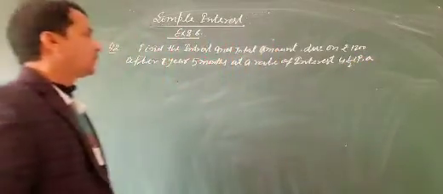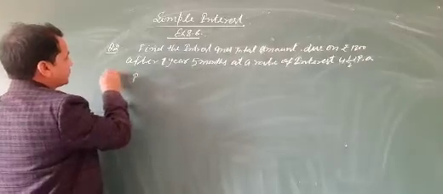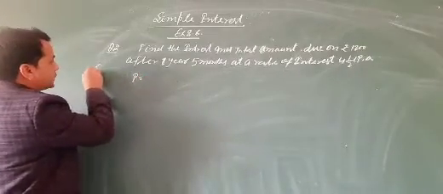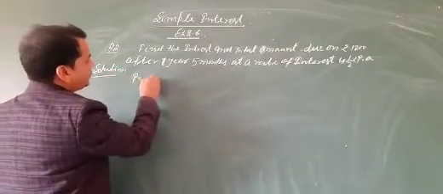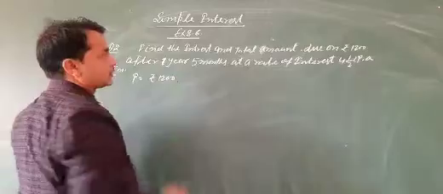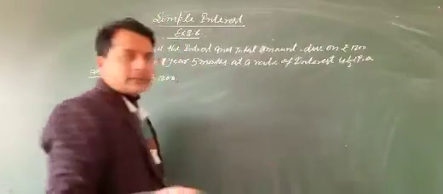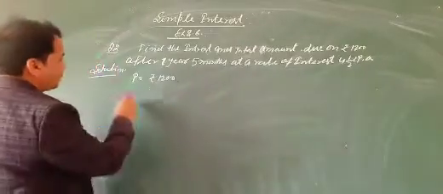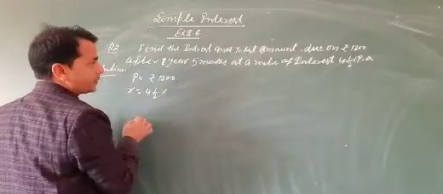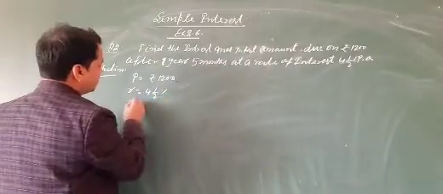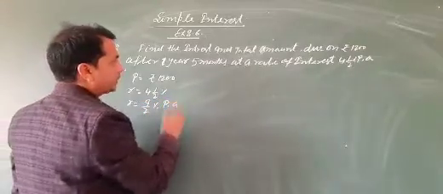In this question the principal is given here, the value of P equal to 1200, and the rate of interest is R equal to 4 whole 1 by 2 percent, that is R equal to 9 by 2 percent per annum.